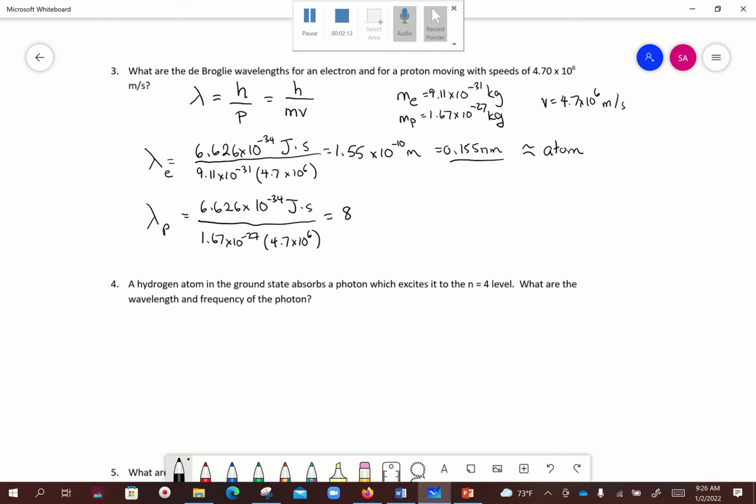And now I get a much smaller wavelength. Why? Because I'm dividing by a much bigger mass. I get 8.44 times 10 to the minus 14 meters, and that's a bit bigger than the nucleus of an atom. Okay, so it's much smaller wavelength for the proton than for an electron.